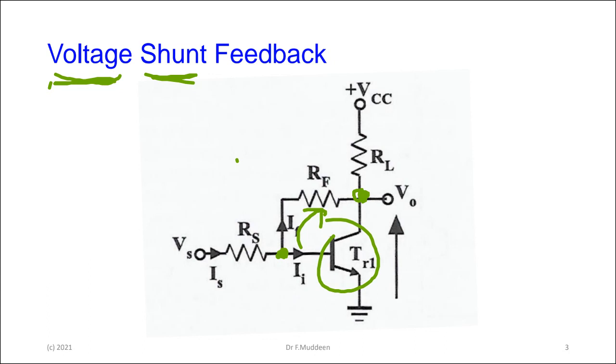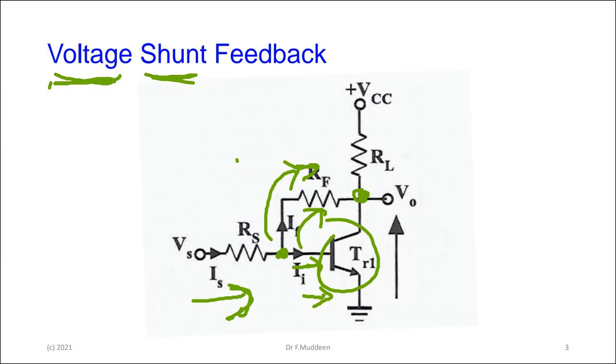In other words, the signal current is coming in here, and part of the signal current is being siphoned off in IF, and the rest goes to the actual input of the transistor. That is negative feedback behavior: something is being subtracted from the input, and the rest goes towards the transistor.